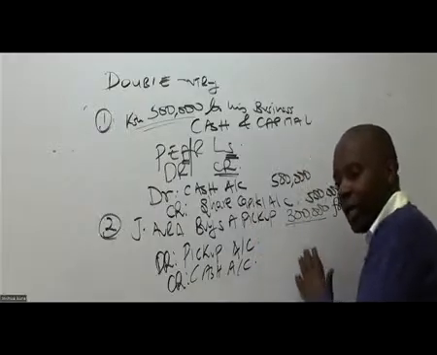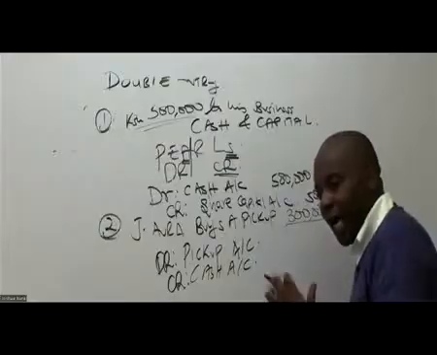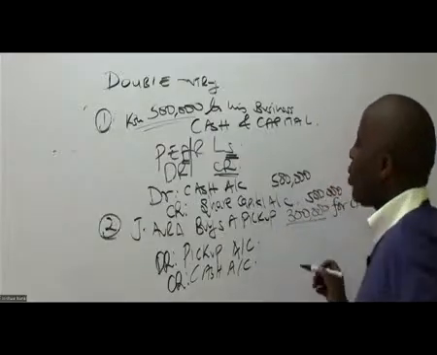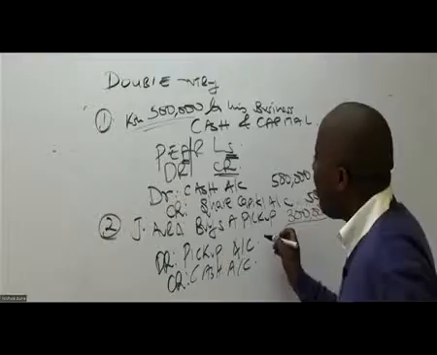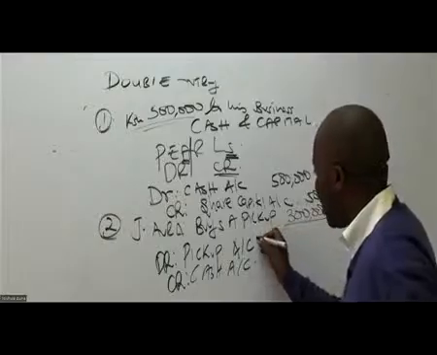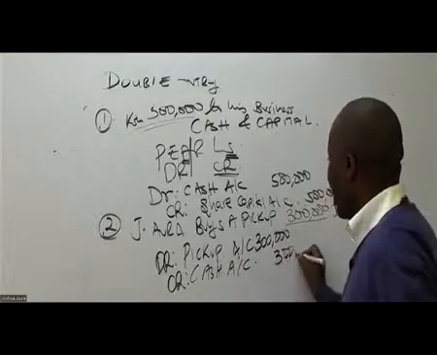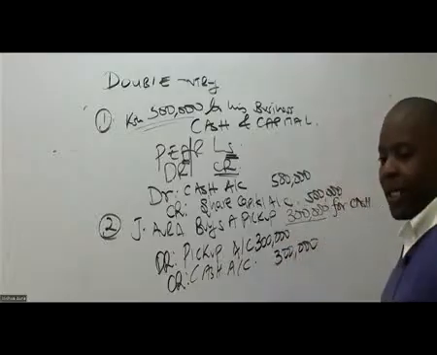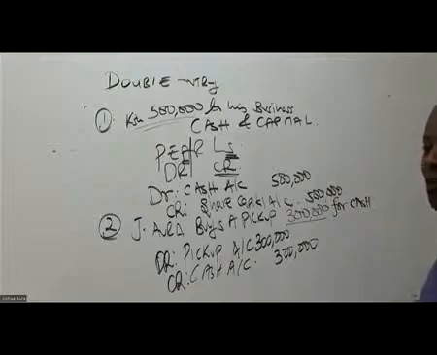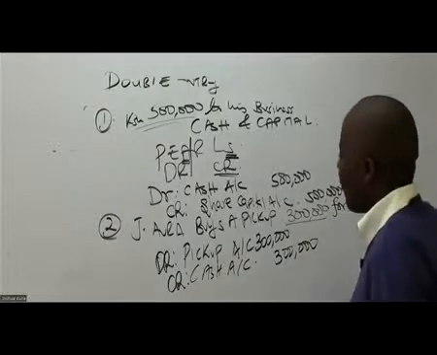It's cash out. So when it's cash in, I debit. Cash out, I credit. How much are we talking about here? The pickup is 300,000, and the cash, of course, is 300,000.